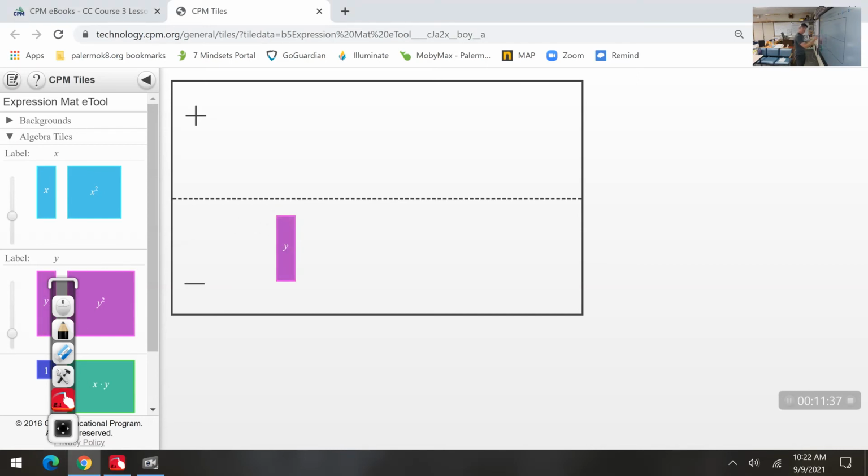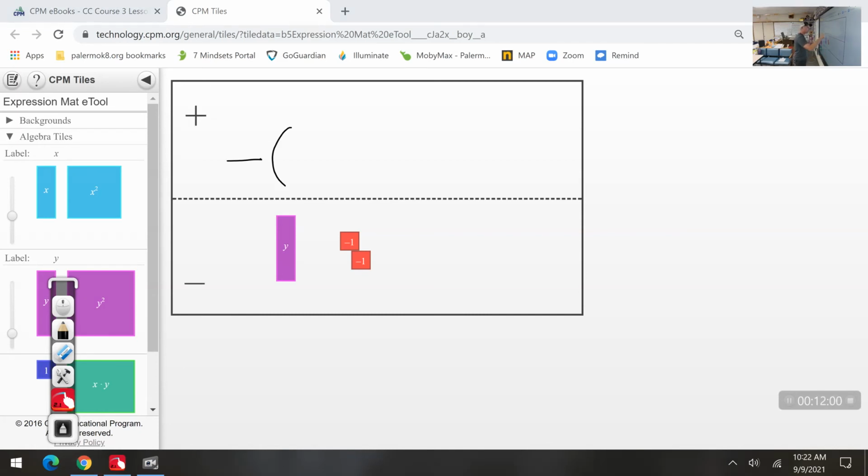Notice that y is positive. Negative parentheses is the region, but it's a positive y, and minus 2. Now, when I say minus, does that mean the 2 is positive? No, when I say minus, I mean those are negative. So I'm going to use the negative region, negative parentheses.